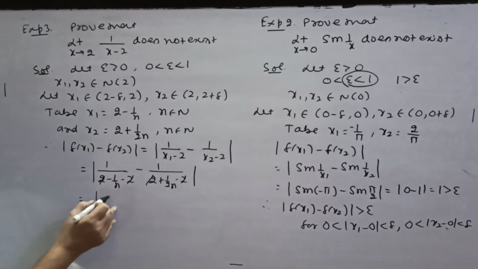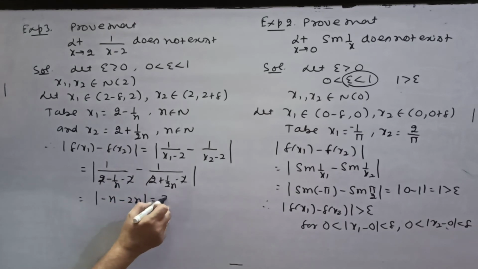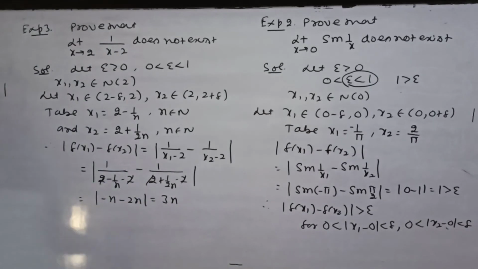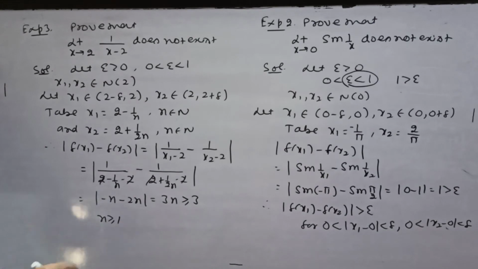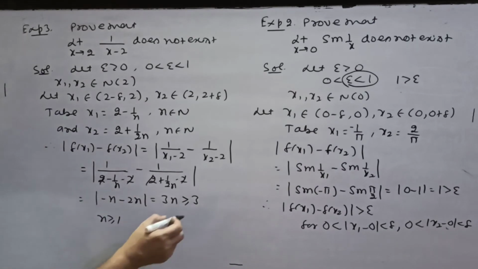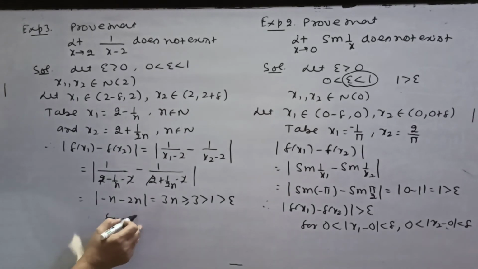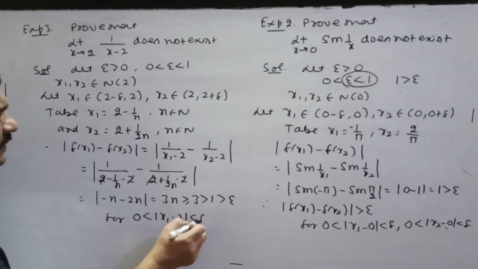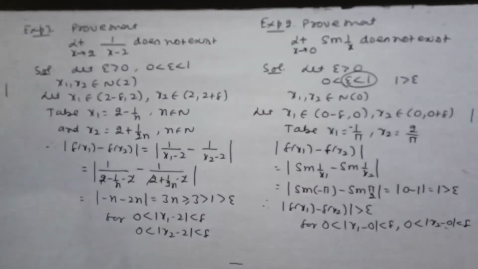We have minus n minus 2n, which equals minus 3n. n is greater than or equal to 1 because it is a natural number, so the magnitude is greater than or equal to 3, because the minimum value of n is 1. So 3 is greater than 1, which is greater than epsilon, for 0 less than x1 minus 2 less than delta. So it does not exist.